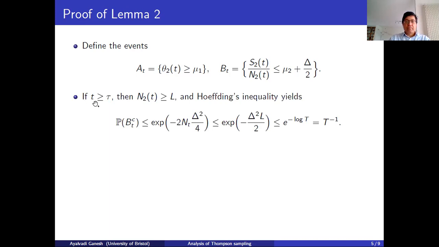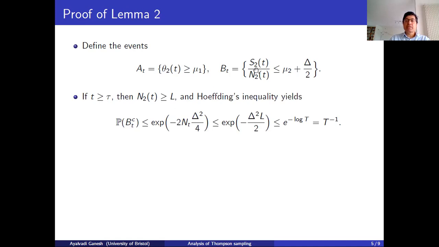Okay, so if t is bigger than tau, then by definition of tau, arm 2 has been played at least L times. So we can bound the probability of BT complement.